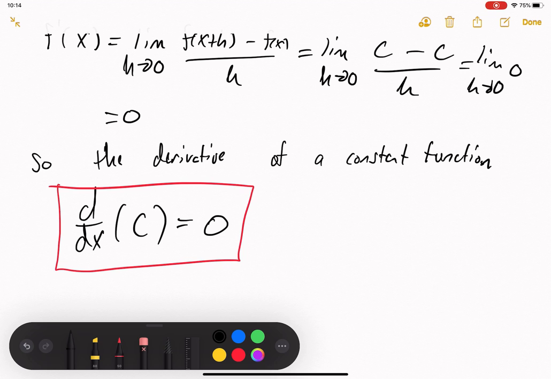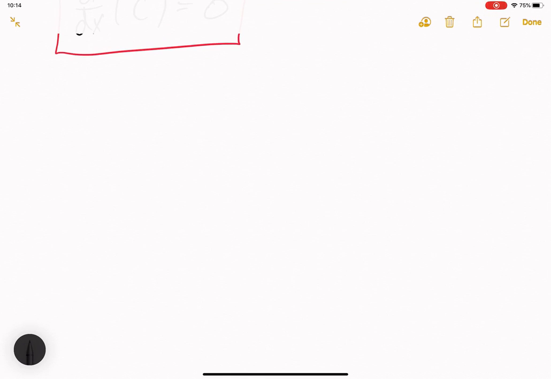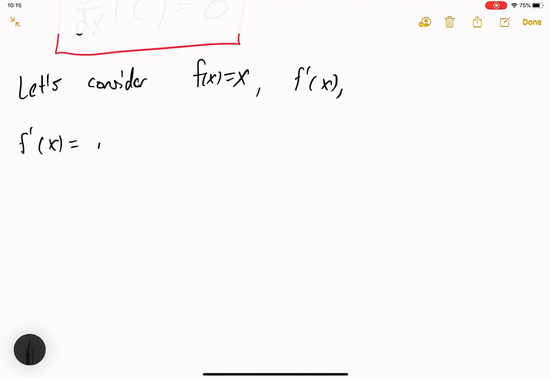That's a pretty easy thing to start with. So we can keep on continuing with this. What if we let f of x equal x? In this case, we can find f prime of x as usual. So f prime of x is equal to the limit as h goes to 0 of f of x plus h minus f of x divided by h.